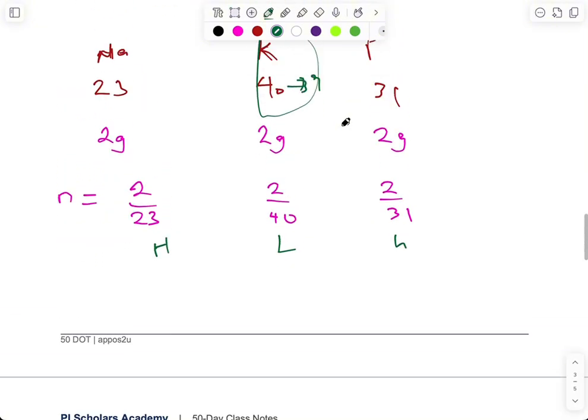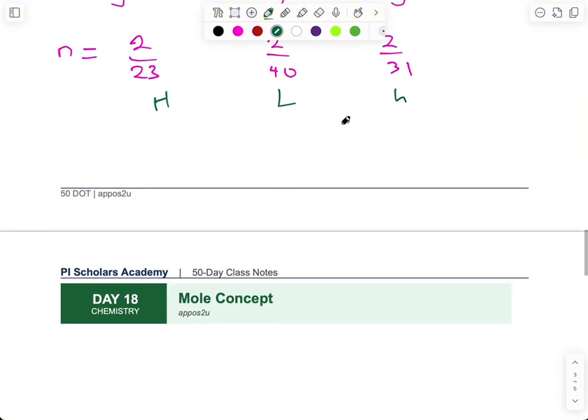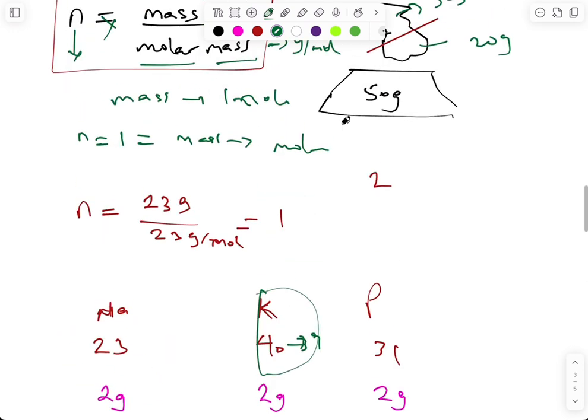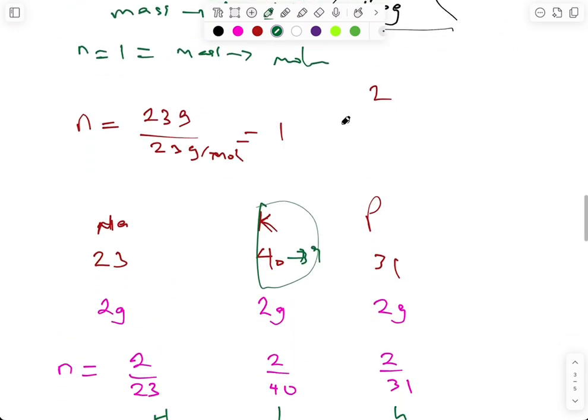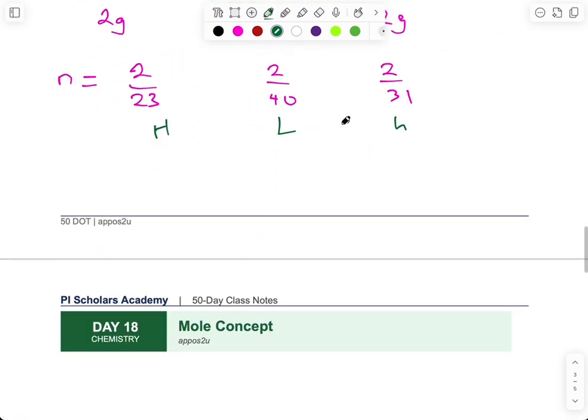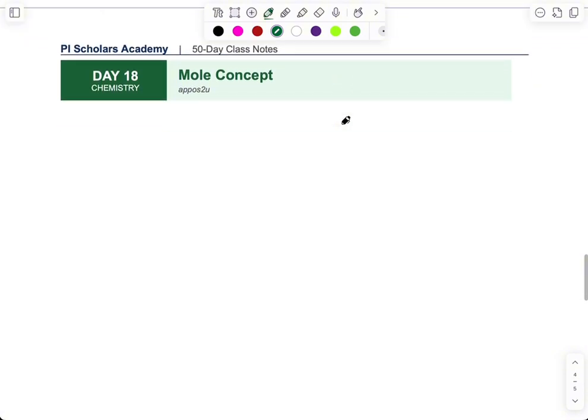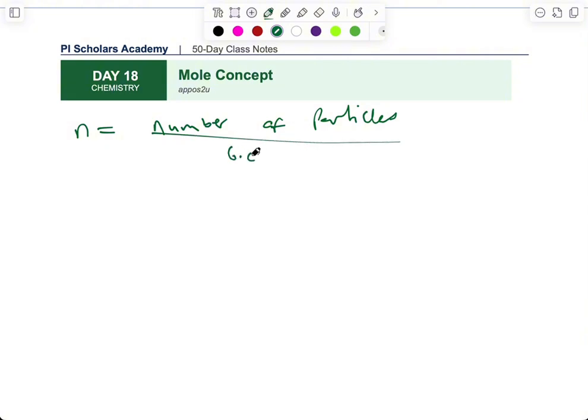So let's proceed. I've given one formula for number of moles, that is mass divided by molar mass. There's also another one. I've been talking about Avogadro's constant since. So number of moles can also be regarded as number of particles divided by 6.02 times 10 raised to power 23.